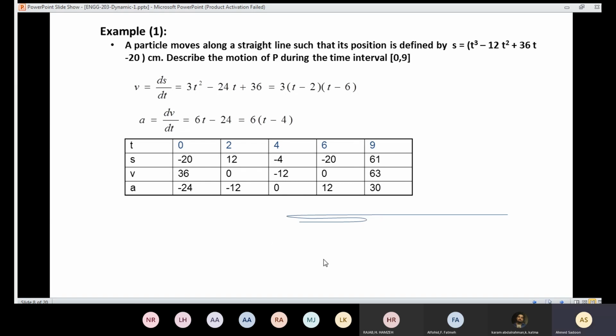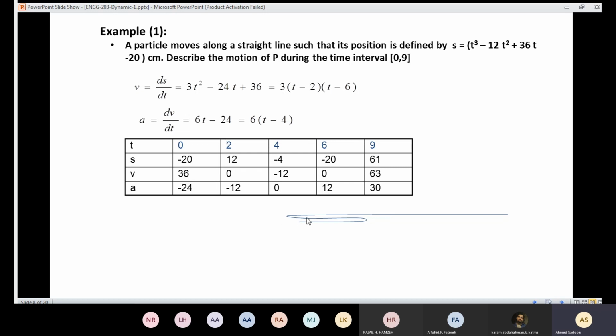Now I can also determine the other factors, like the speed, the average speed, and the average velocity. Here the line represents the motion. So at the first location, it was here at minus 20 when the time is 0. Then when the time is 2, it became 12.